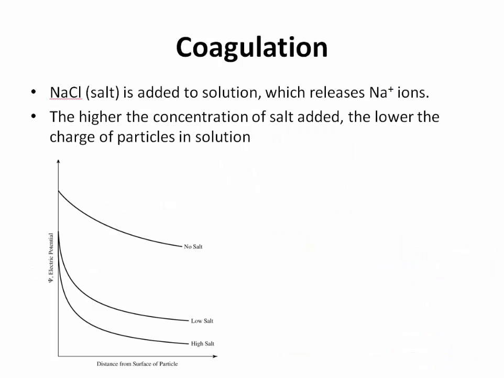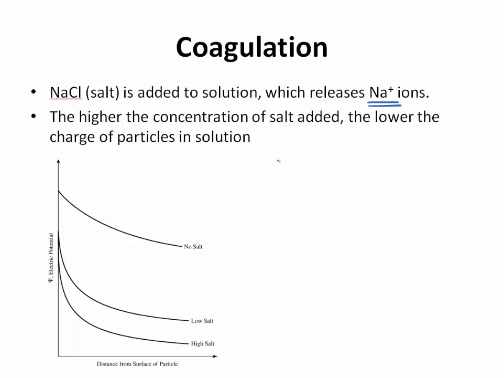One basic coagulant could be a salt of sodium chloride. When a salt is added to water, the cations and the anions are dissociated, so the cation, sodium +1, would be released into the solution. The higher the concentration of the salt, the lower the charge of particles in solution.